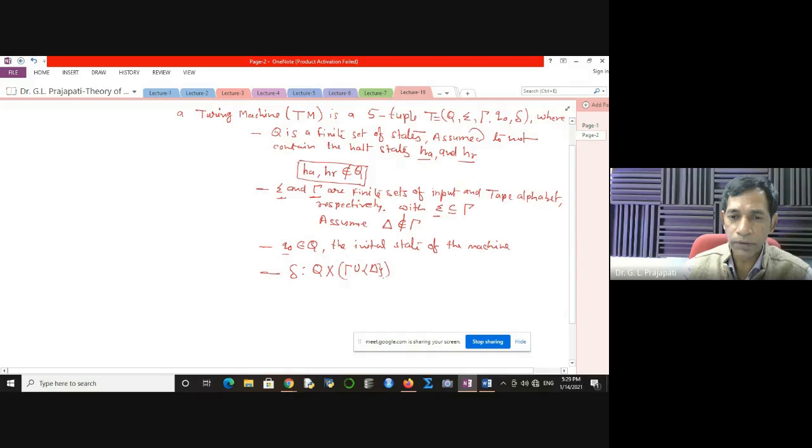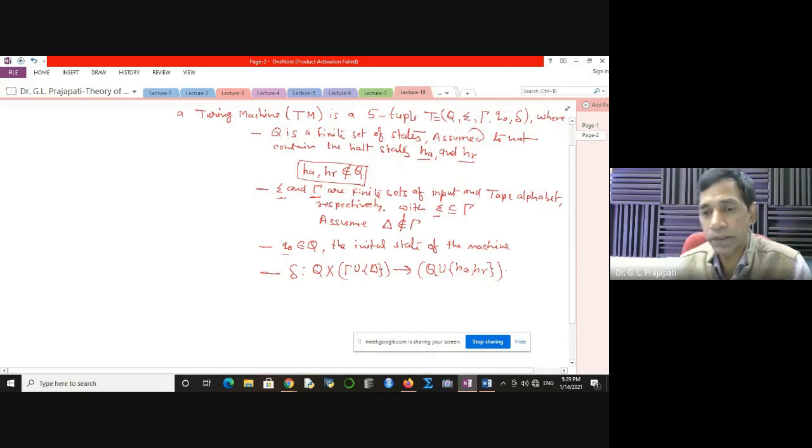On that basis, it can go to any state of Q union HA, HR. From the state Q, you can go to any element of Q, or if your machine decides that this is the case of acceptance, it can go to HA, or if it decides that this is the case of rejection, it can go to the state HR.